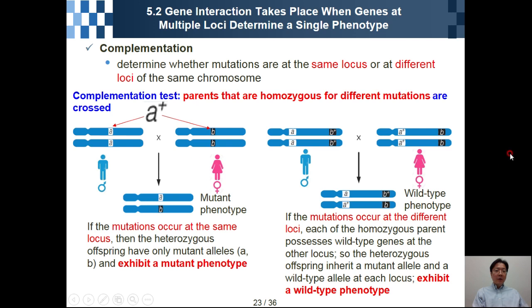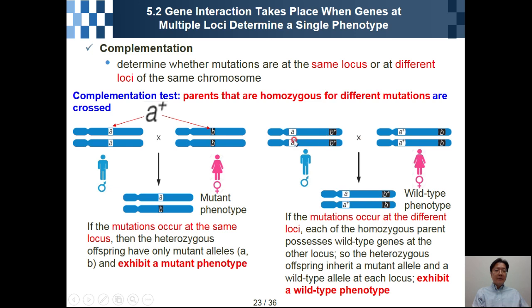In this case, the father is homozygous for the small a mutant form. The mother also has small bb. They are homozygous for different mutations.